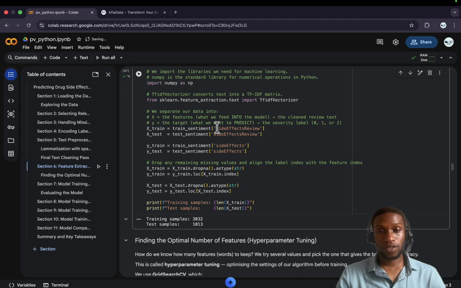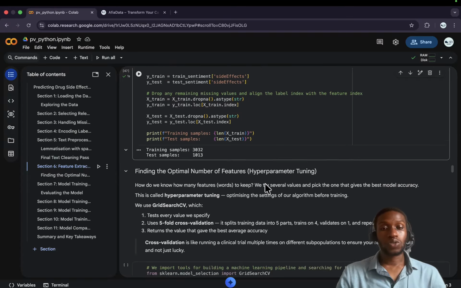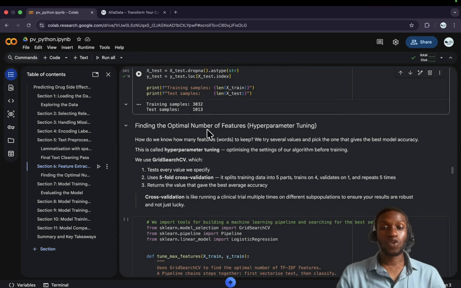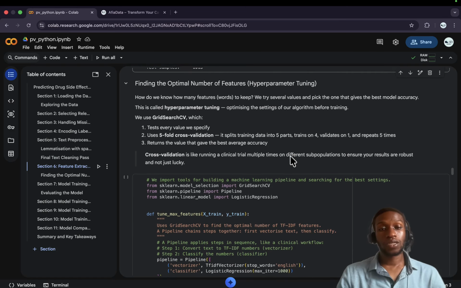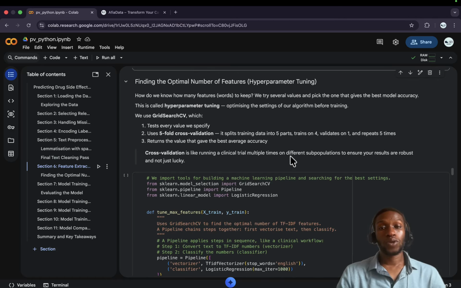Okay, we've separated our data. Next is finding the optimal number of features, the hyperparameter tuning. Remember when I said that when we look at all documents or important parts of all documents, we will have inflated parameters.